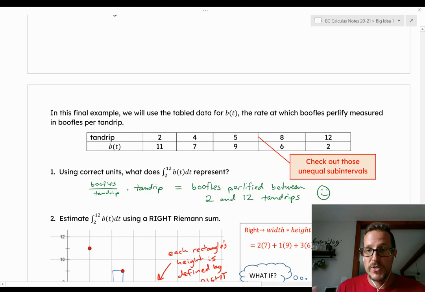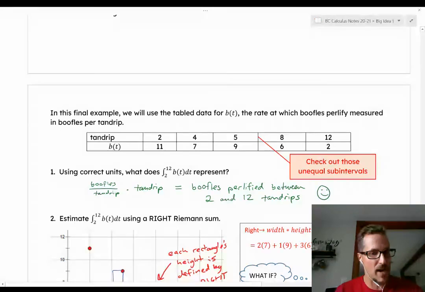So the subintervals in this table, you might notice, are unequal. That's okay. You don't have to have equal subintervals. It's nice to have equal subintervals because the evaluation is a little bit simpler. We can just factor out that common base. But you don't have to have a common base, especially with a table of data. So we're going to look at the meaning of this definite integral.